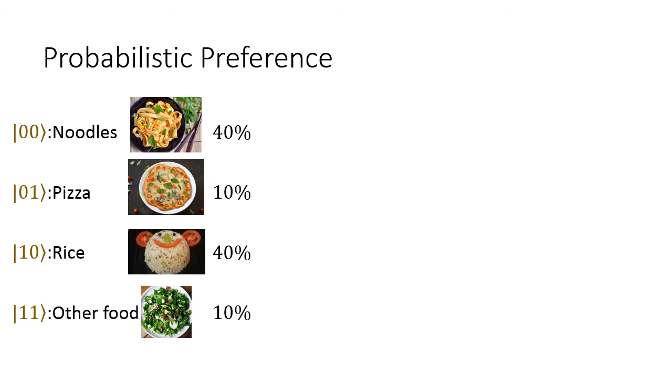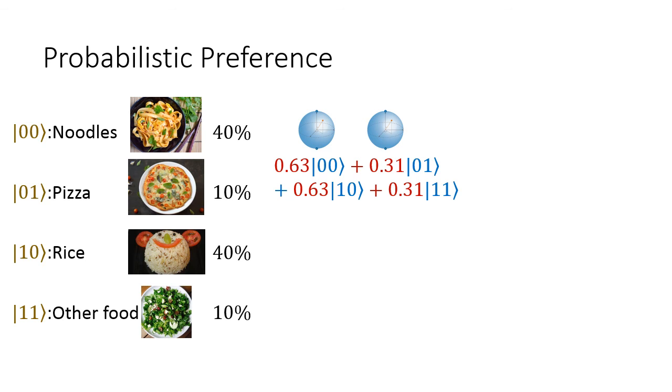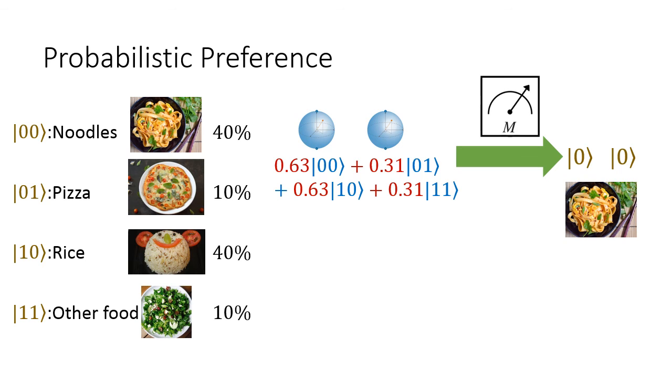For example, 40% of the time he wants to eat noodles, 10% of the time he wants to eat pizza, 40% of the time he wants to eat rice, and the remaining 10% of the time he wants to eat other food. So he may initiate the qubits using the same method every day, such that the two qubits are in this superposition of 4 quantum states.